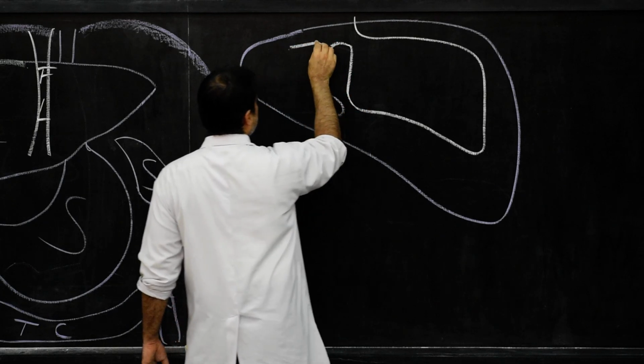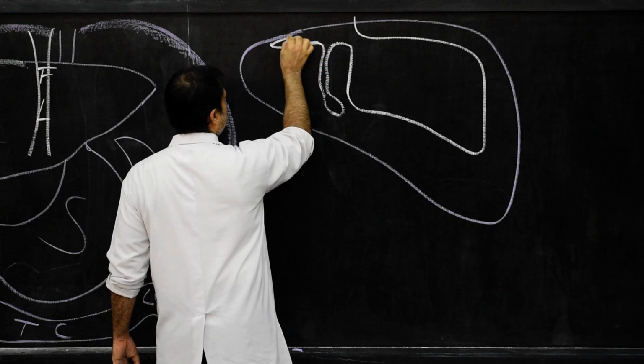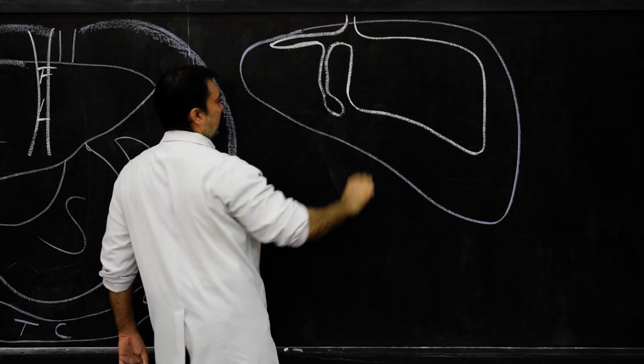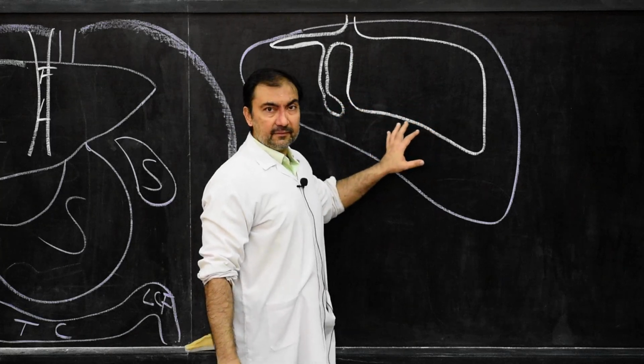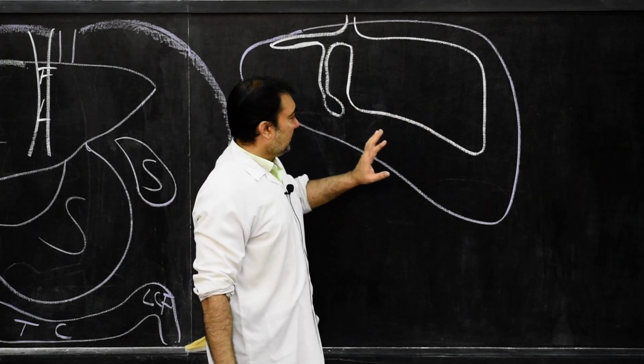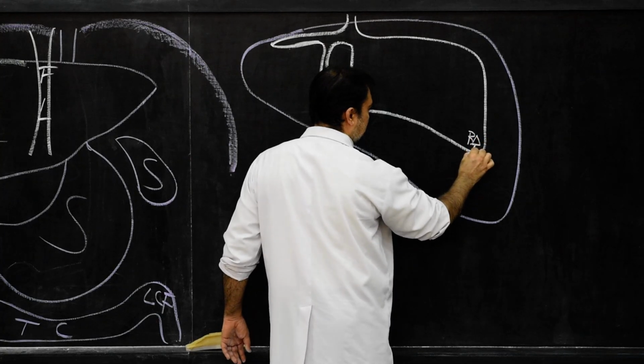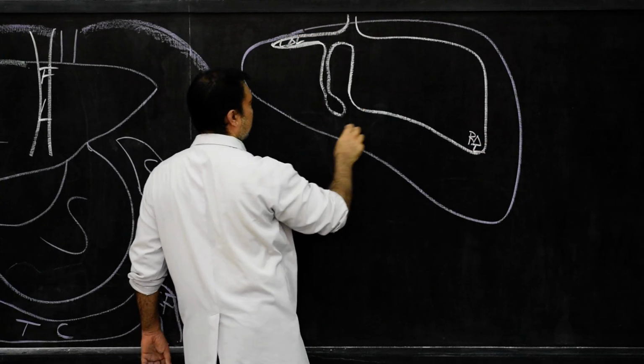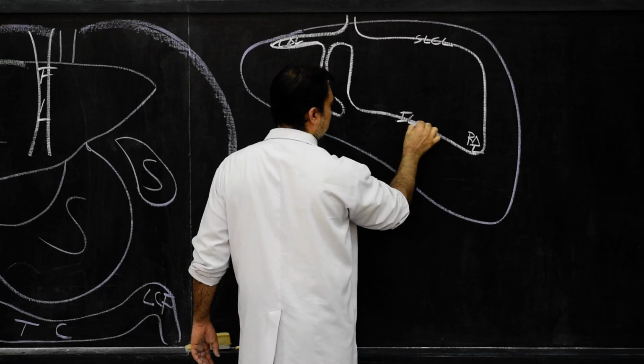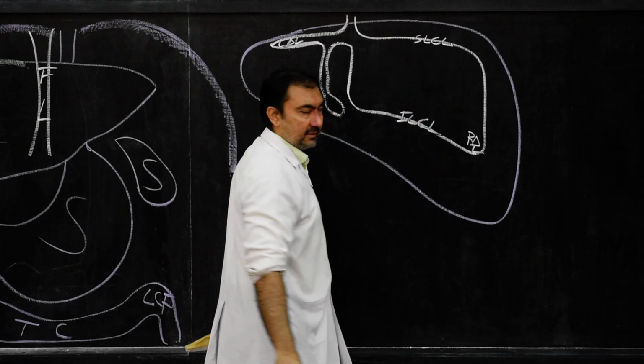Inferior, this will be the left triangular ligament, and again the falciform ligament. This lining we have understood so many times. Now here, this is the right triangular ligament. This is the superior, this is the inferior layer of coronary ligament.